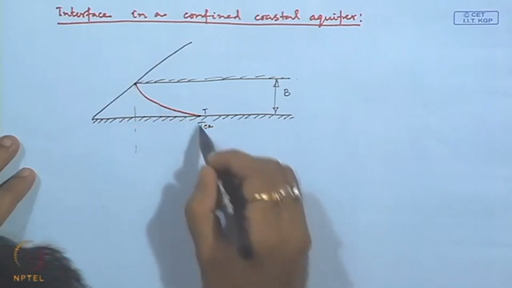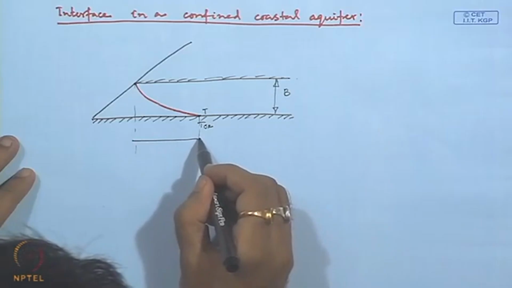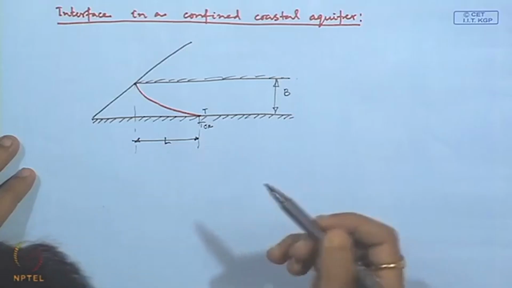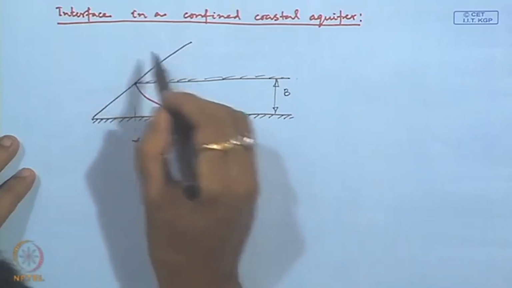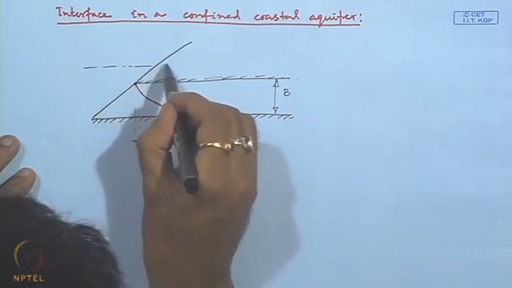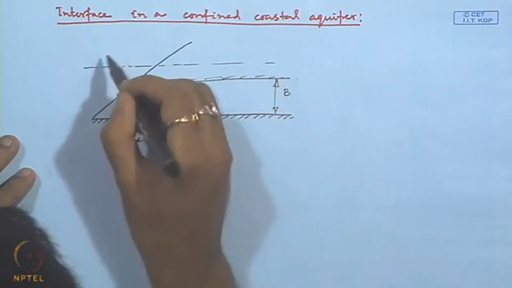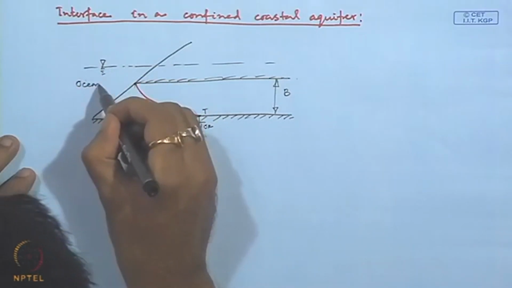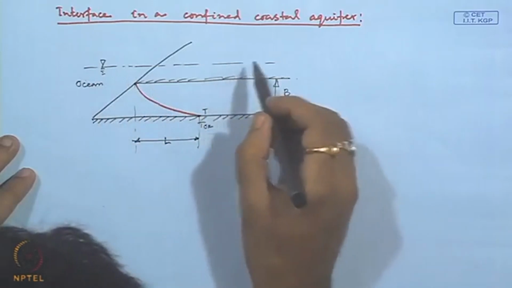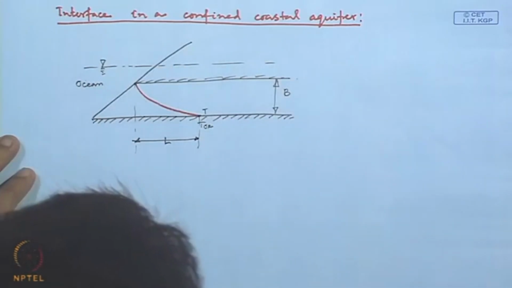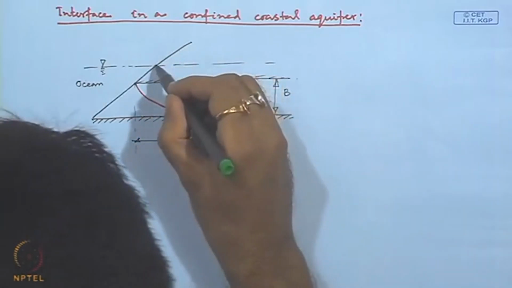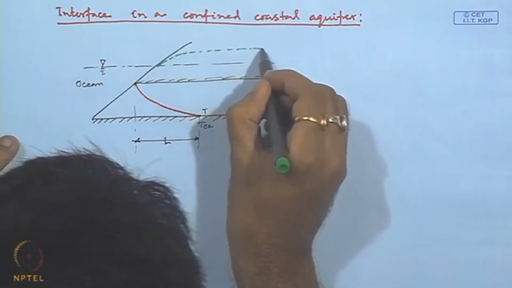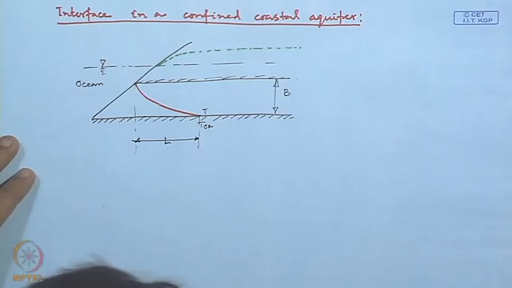Then the length of this wedge that we have already assumed to be L. Then the location of the sea surface or ocean surface we have here, and the location of the groundwater table is this green line.